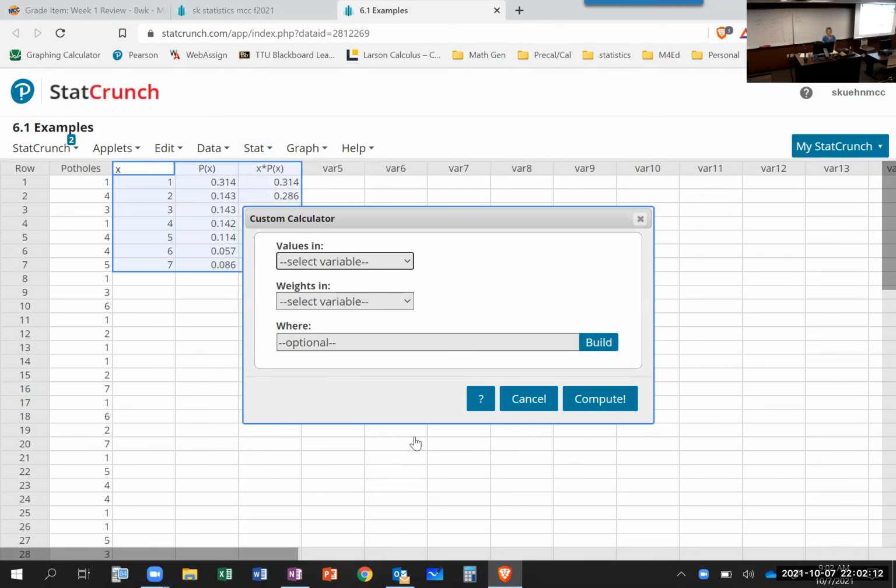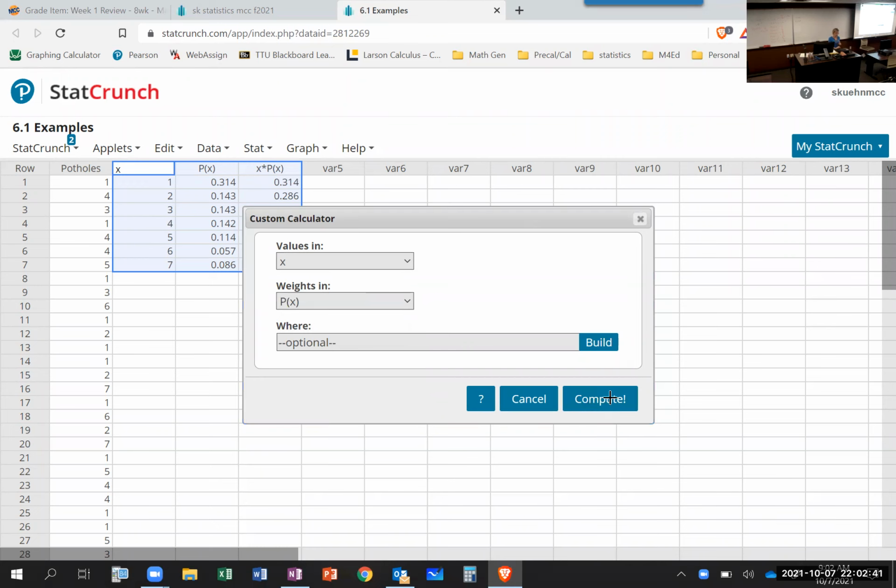Now, for this calculator, it wants to know what the values are. The values are the variable, right? I relabeled mine as X, and their weights, right? What's the probability of that variable is going to be in P of X. So you've got to choose your variable column as well as its probability column.